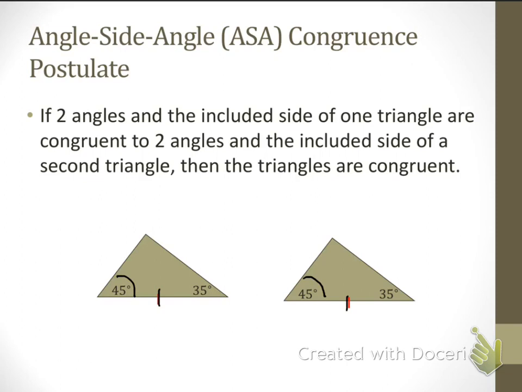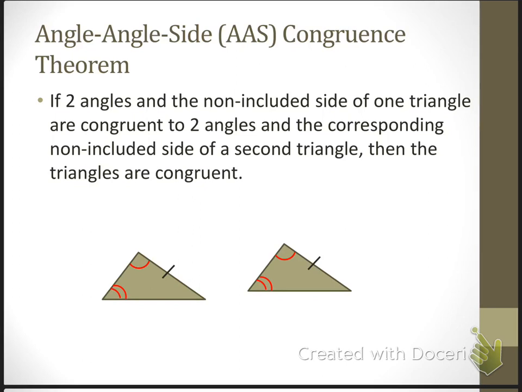We have an angle that matches with this angle, we have a side that matches with this side, and then 35 matches with this 35. Excuse me, that's not a side, that's another angle. And so here these are congruent by ASA, or angle-side-angle congruence. So these two triangles are also going to be equal to one another.